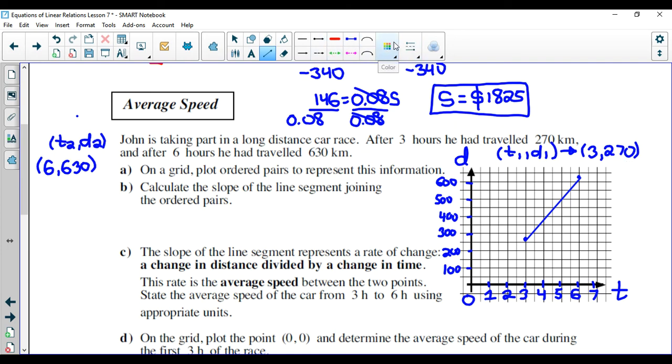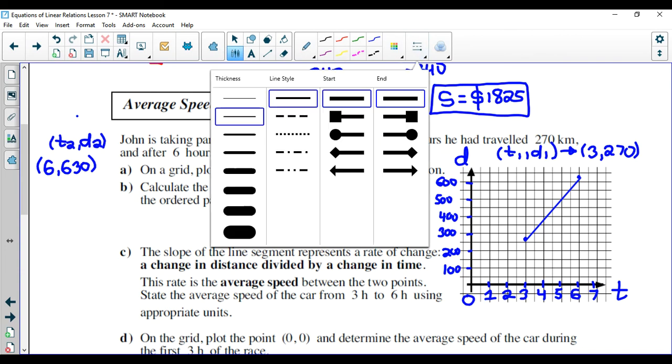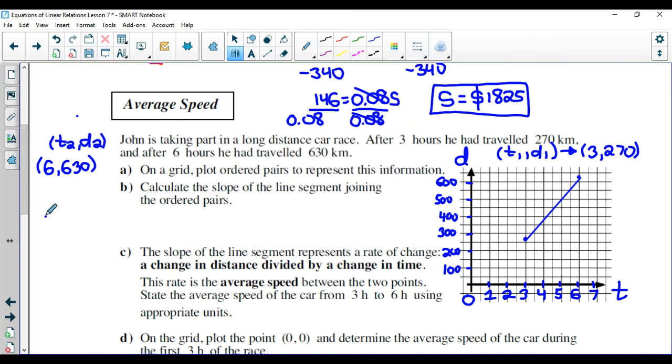Now we can calculate the slope using the slope equation because we have 2 points. So let's go and calculate that. So this would be your slope is equal to y2 minus y1 over x2 minus x1. But we can change it to the correct variables. So instead of y, it's d. So you have d2 minus d1 divided by t2 minus t1.